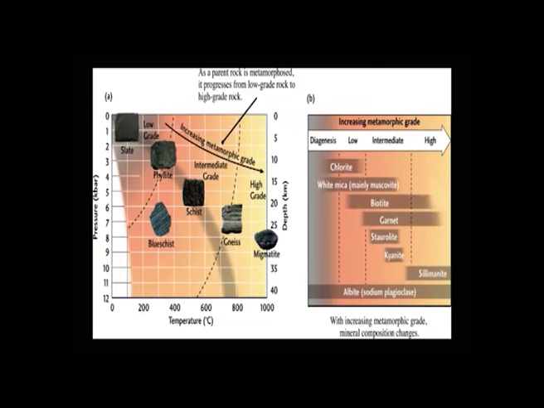The preferred orientation of these sheet silicates causes the rock to easily break along planes parallel to the sheet silicates, causing a slaty cleavage. Note that in the case shown here, the maximum stress is applied at an angle to the original bedding planes, so that the slaty cleavage has developed at an angle to the bedding plane.